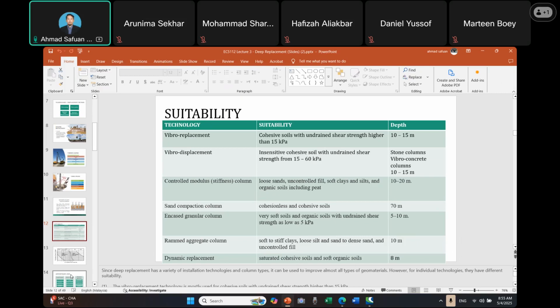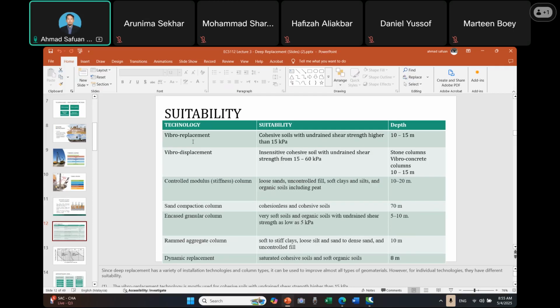Then we have a vibro displacement. For vibro replacement, we make a hole, then fill it with any granular material. For vibro displacement, during the process of the augering, at the same time they inject or include the granular material inside it.